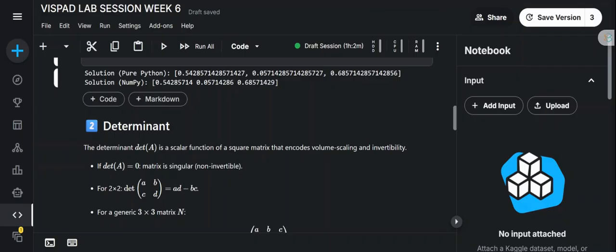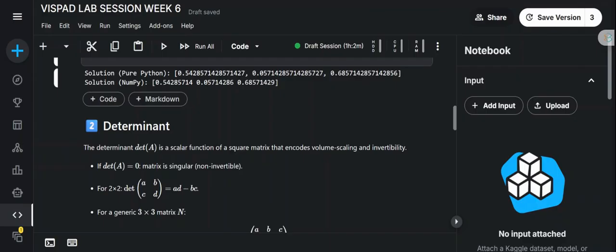Simply finding the determinant of a matrix gives you a value which indicates how much that particular matrix was scaled. I'm sure you remember this from the lecture.